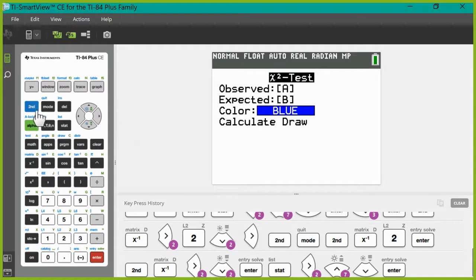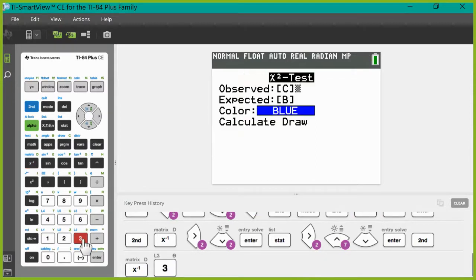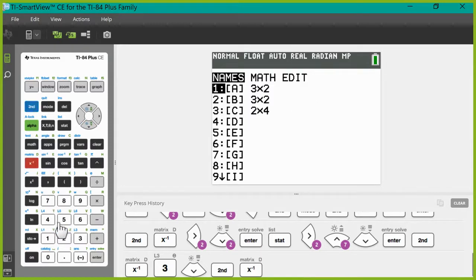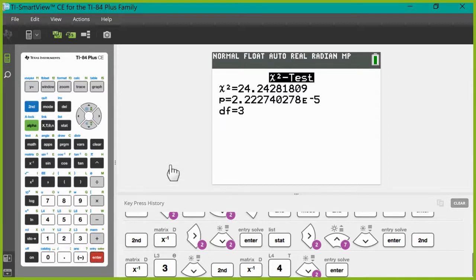Let's see. I think I just go to matrix. There we go. And I'm going to change this to matrix D, and I'm going to calculate. So if you do happen to change it, all you have to do is hover over where the matrix is and just do second x inverse, enter, with whatever matrix you're interested in.